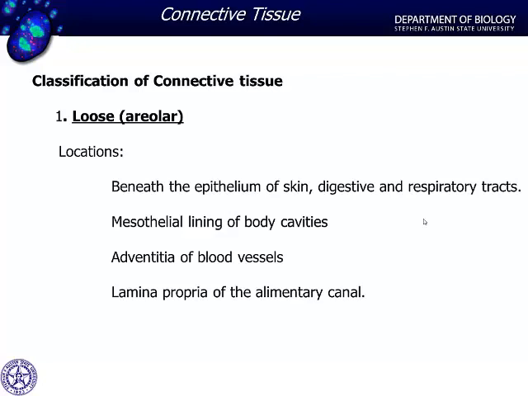And some of the places that you find these is going to be beneath the epithelium of the skin, beneath the epithelium of the digestive system and respiratory tracts. We're also going to see the mesothelial lining of body cavities, adventitia of blood vessels, and the lamina propria of the alimentary canal. Now, if some of these terms are not so familiar to you, hang on, because once we get to these different organ sections, terms like adventitia and lamina propria are going to be commonplace for you.